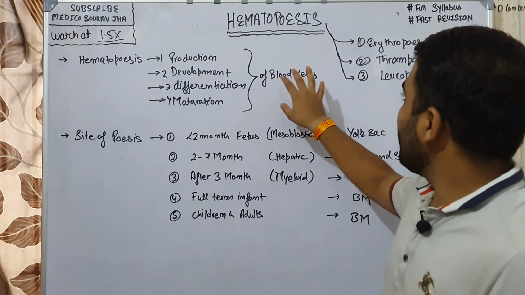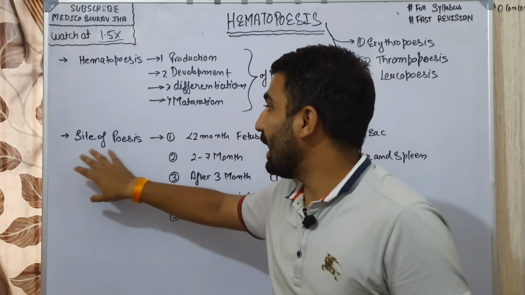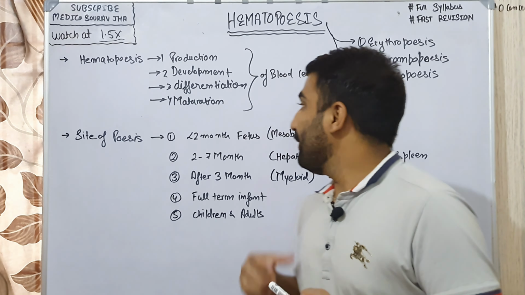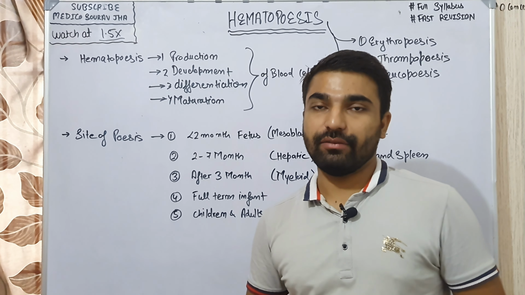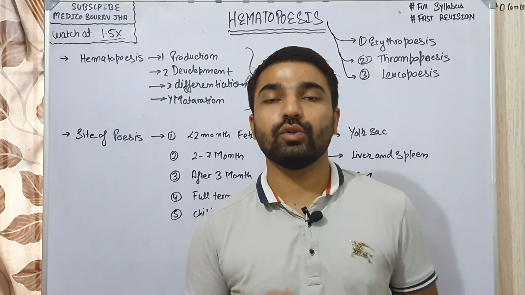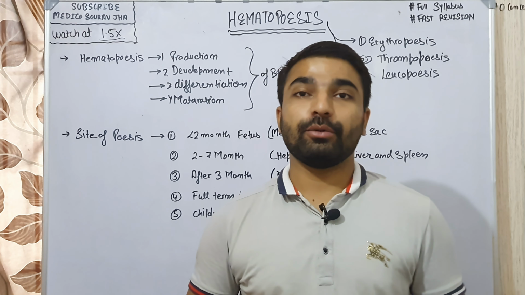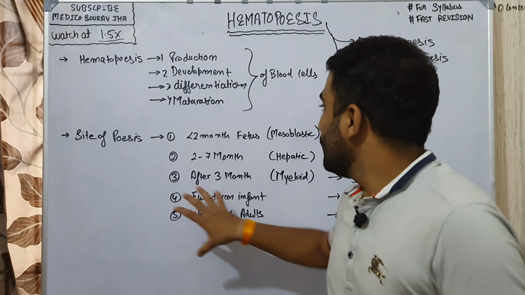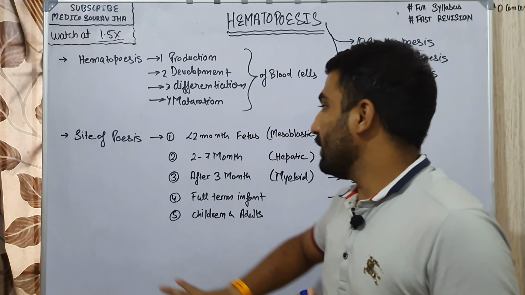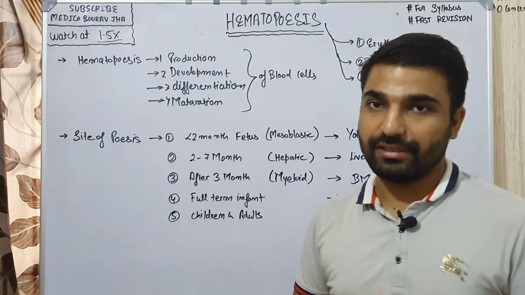So let's first understand the site of poiesis, where it happens actually. Where the RBC production, where the leukocyte production, where the thrombocyte production happens. It happens in 5 phases.